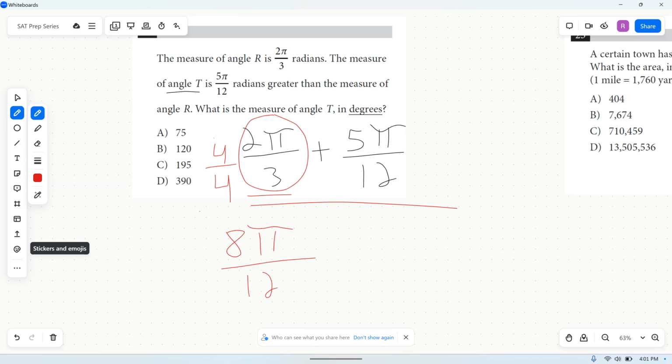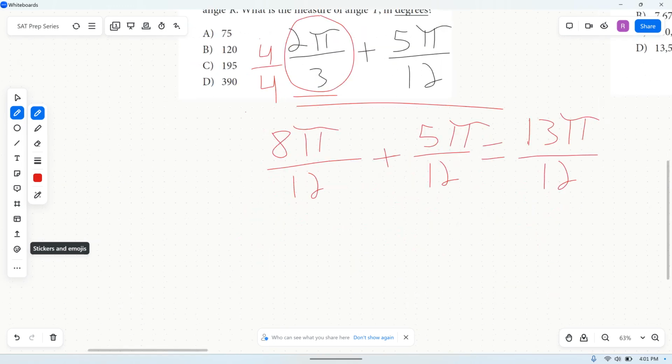So now I know that angle R could also be expressed as 8 pi over 12 radians plus the 5 pi over 12 radians that I need to add to get the measure of angle T in radians. And of course, 8 pi plus 5 pi is 13 pi over 12. So now I know angle T in radians is 13 pi over 12.